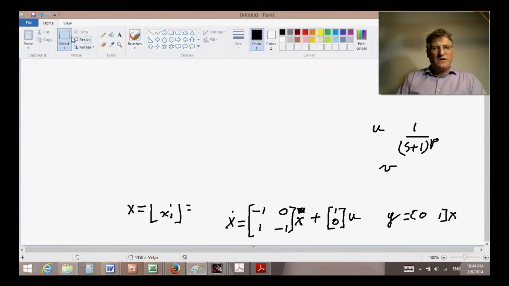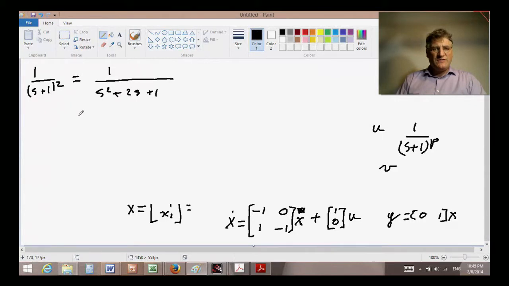What we can do is, if we take 1 over s plus 1 squared, we can also rewrite this as 1 over s squared plus 2s plus 1.